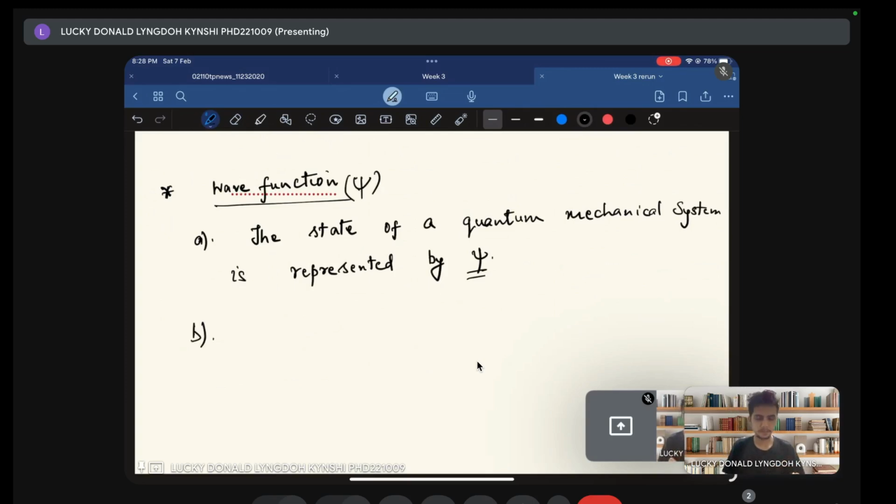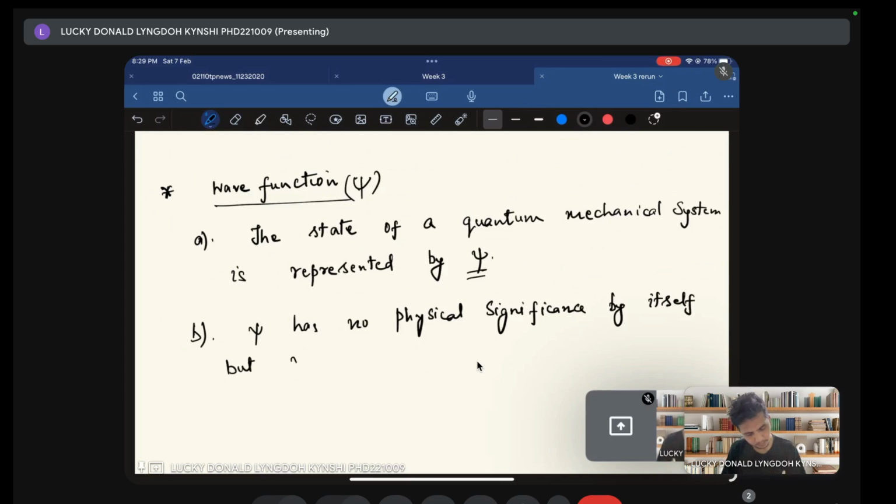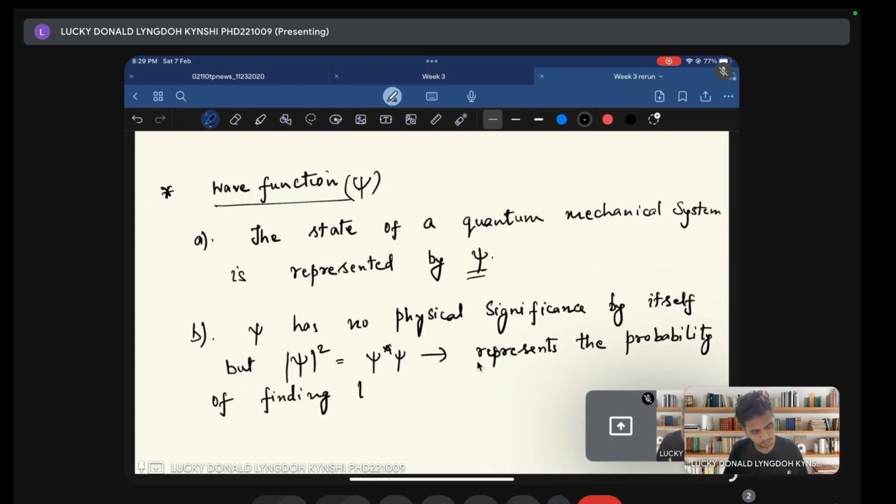Second, psi has no physical significance by itself, but psi star psi represents the probability of finding the body at that time.